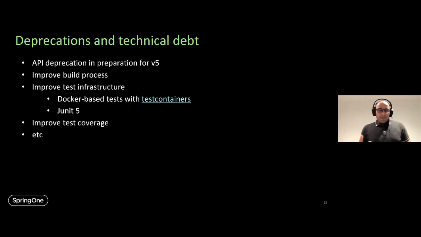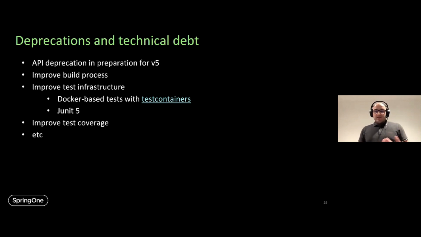And we took also the opportunity to work on some technical debt to prepare the field for the next major version, which includes improving the build process, improving the testing infrastructure, typically introducing Docker-based tests with the Testcontainers library, which is awesome, by the way.